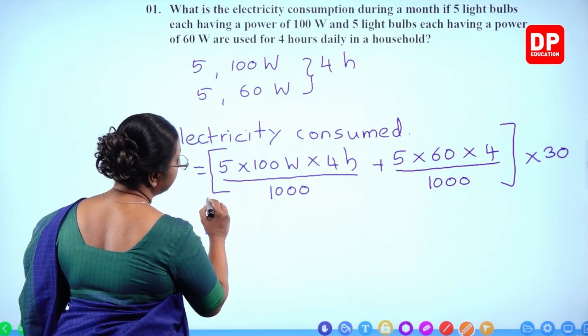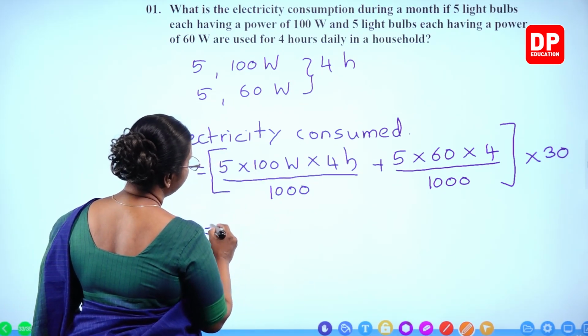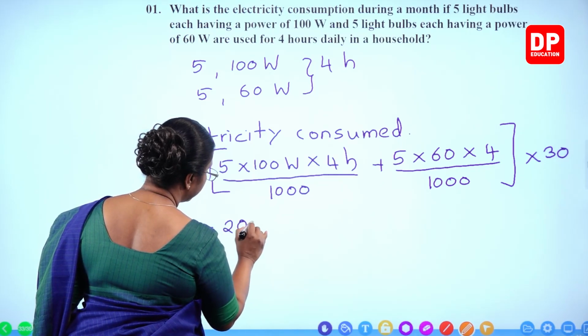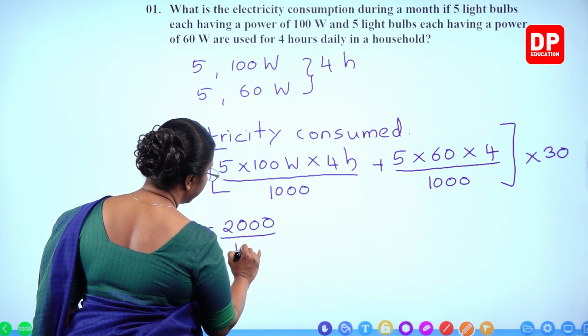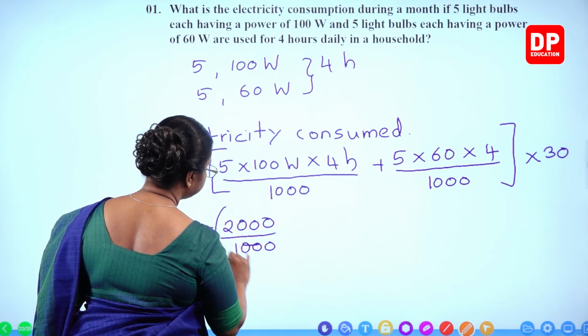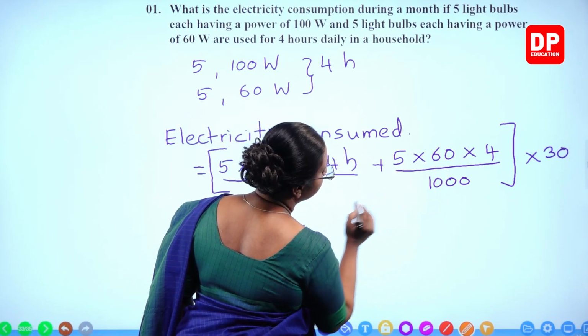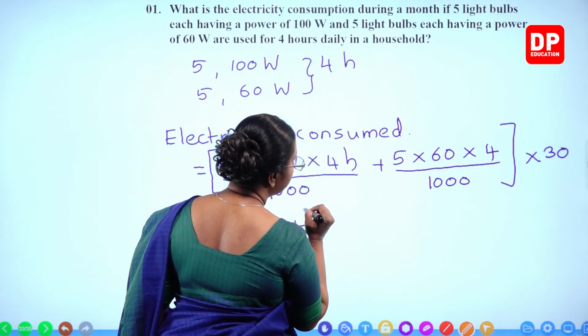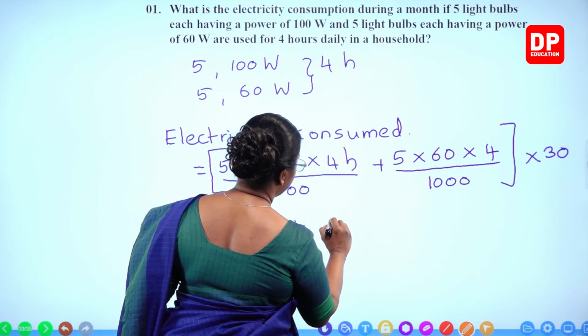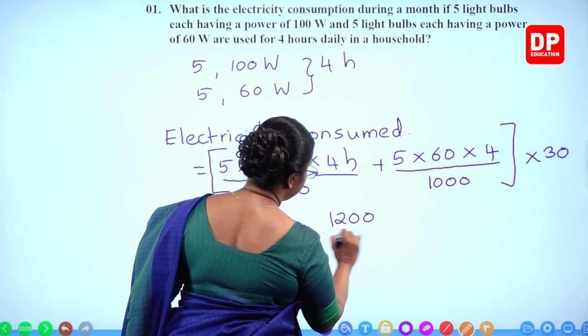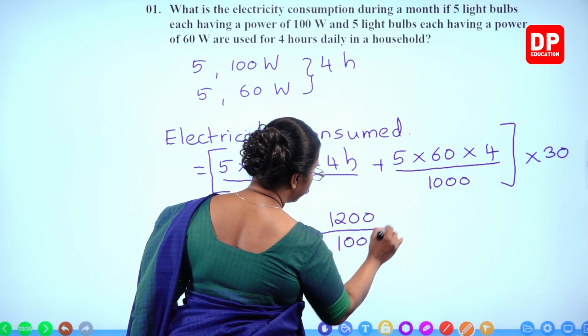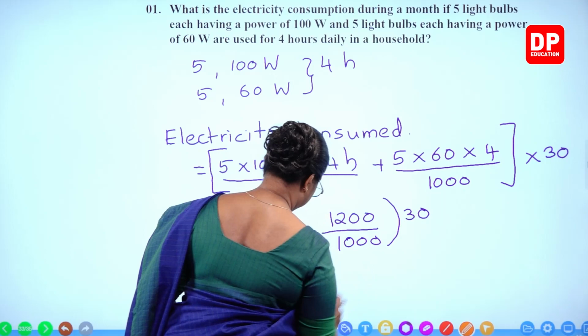Here if we write it again, 5 into 4, 20 into 100, 2000 divided by 1000, plus 5 into 4 again 20, 20 into 60, 1200 divided by 1000, into 30.